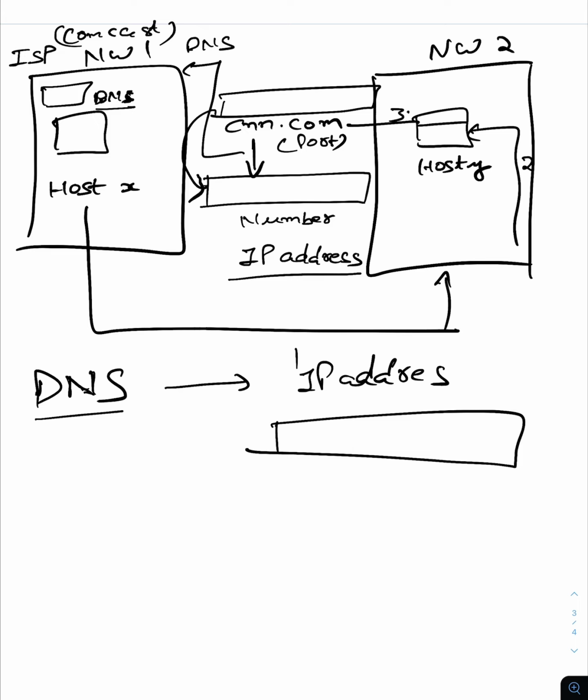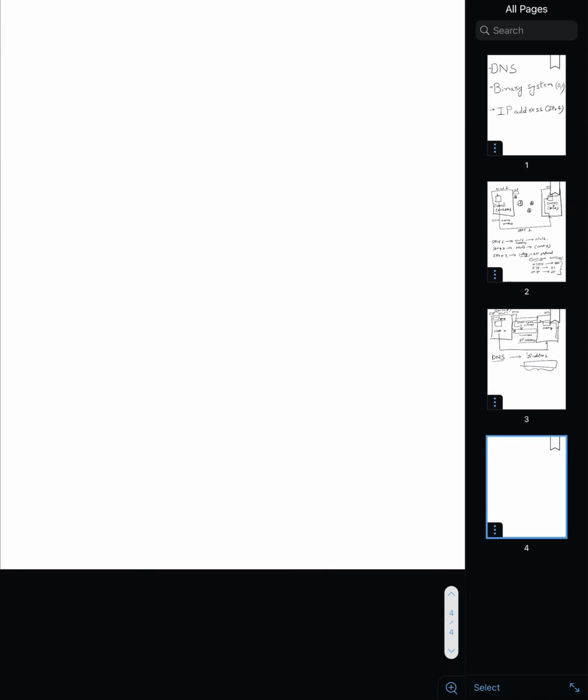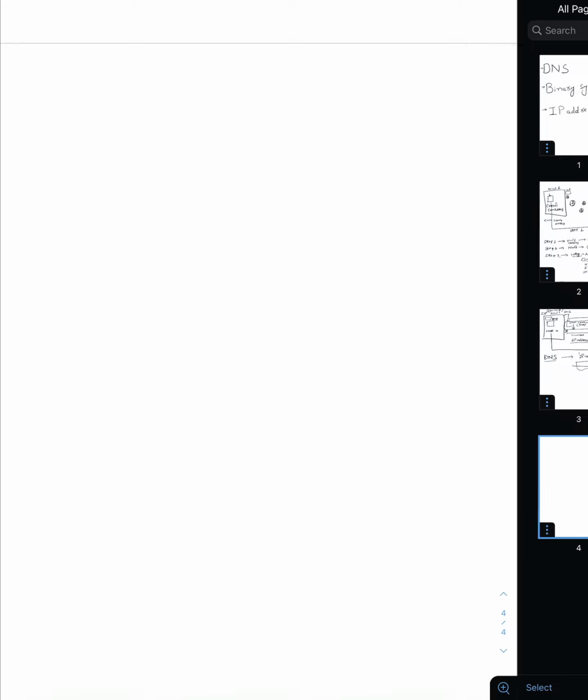And here I have to explain something called a number system before we go forward. I told you the IP address is a sequence of numbers, right? So let's talk about the numbering system here, then I'll talk more about the IP address.